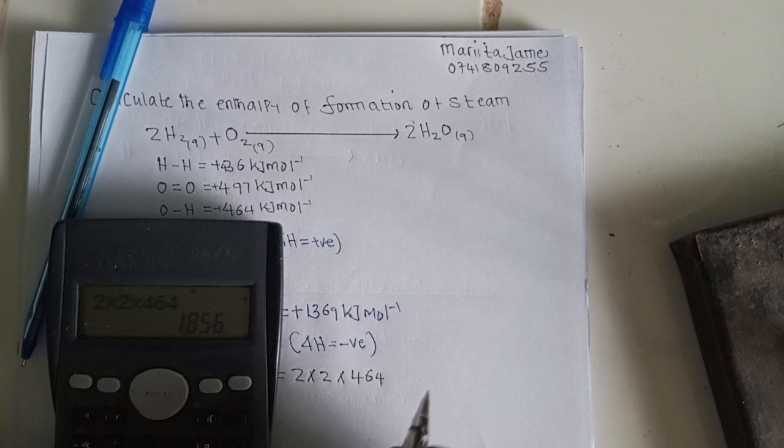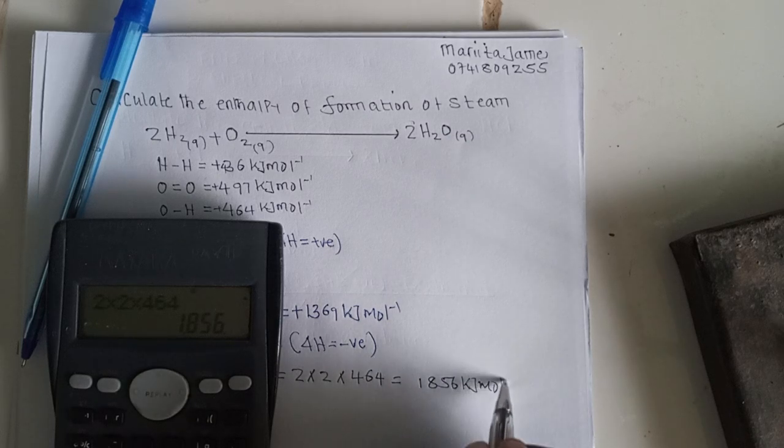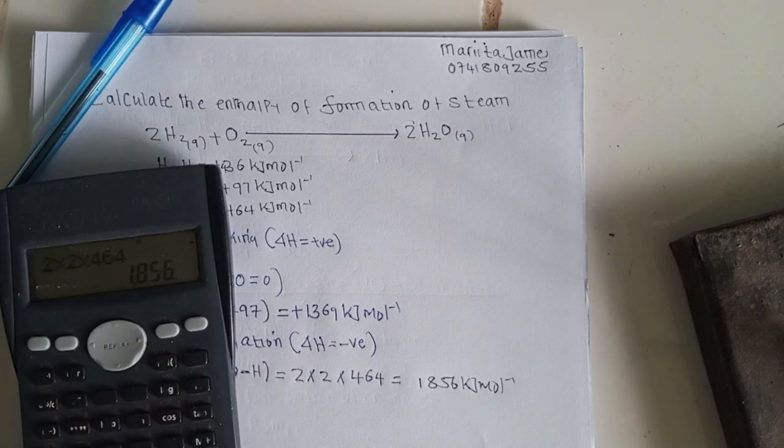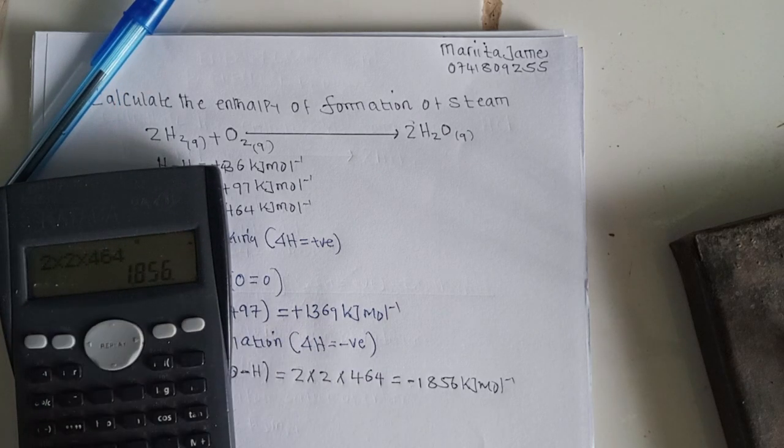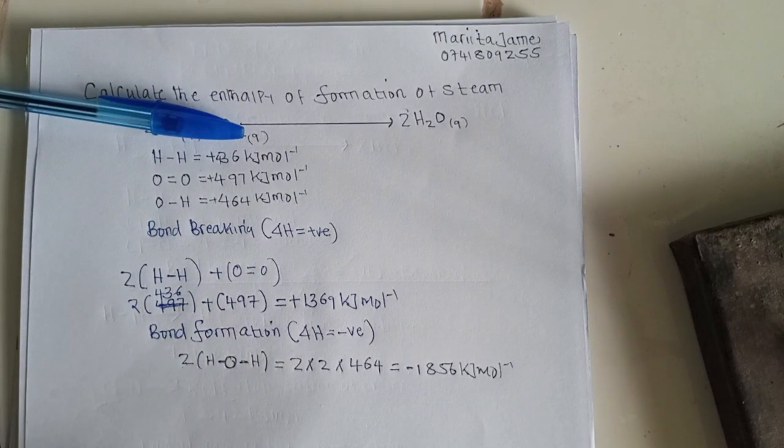And this gives us 1856 kilojoules per mole. But the value must be a negative because the reaction is endothermic. So this is the total energy for the bond formation, and the earlier one is the total energy for the bond breaking.